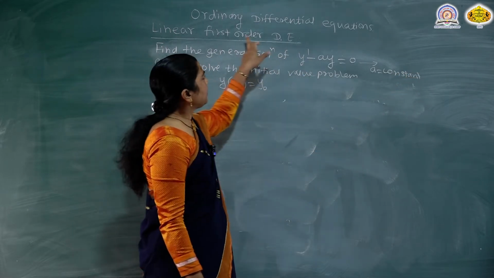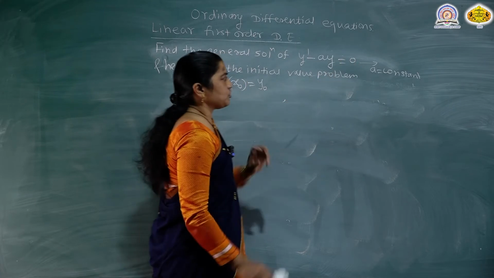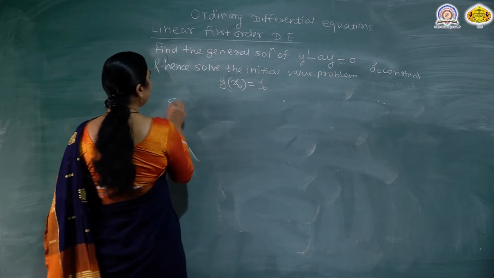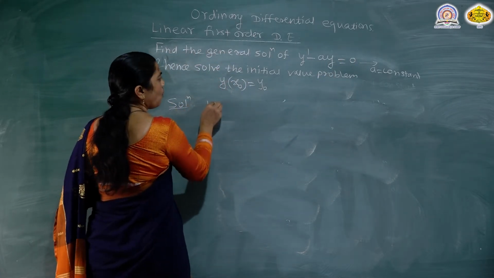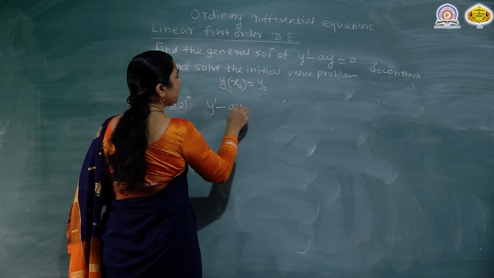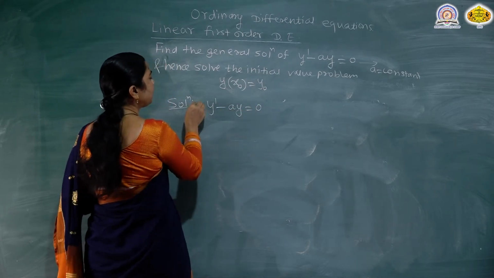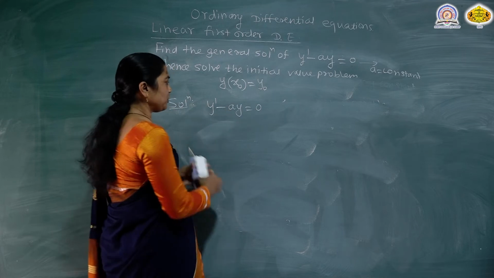So observe that this is a homogeneous differential equation. The given equation is y' - ay = 0. This is our given homogeneous differential equation.